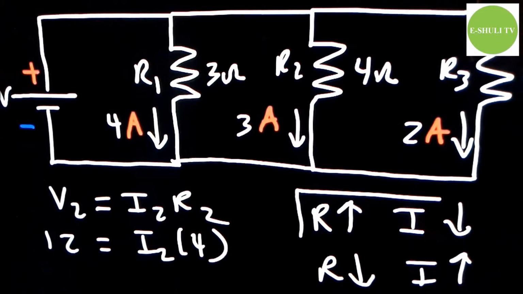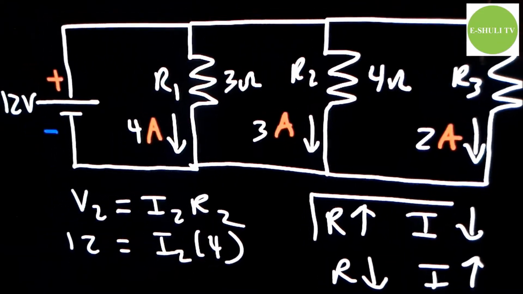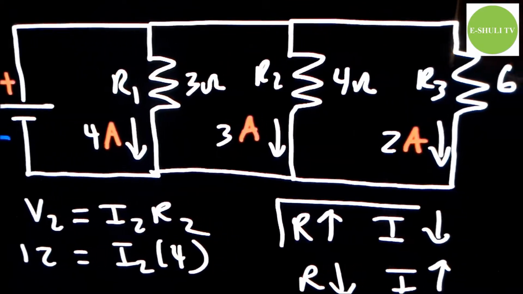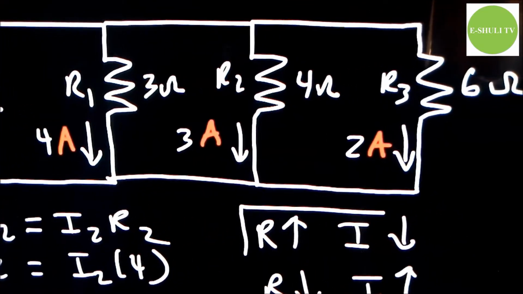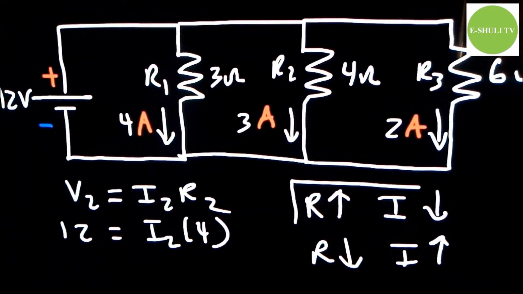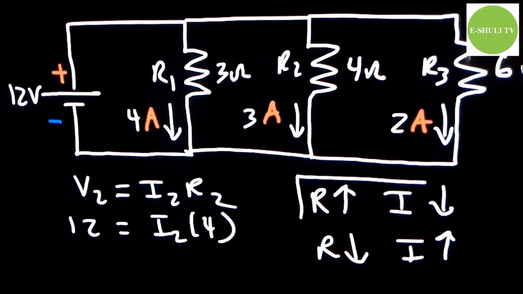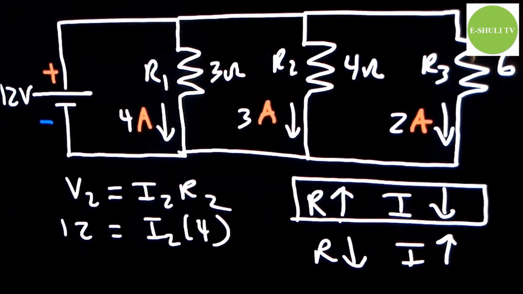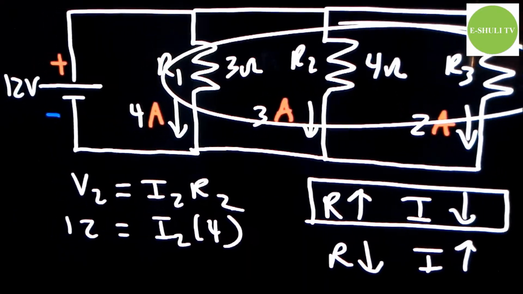For the third resistor we had 6, while the current decreased to 2 amperes. So you see that when the resistor increases, the current decreases.